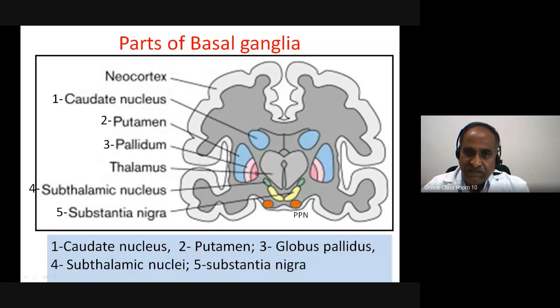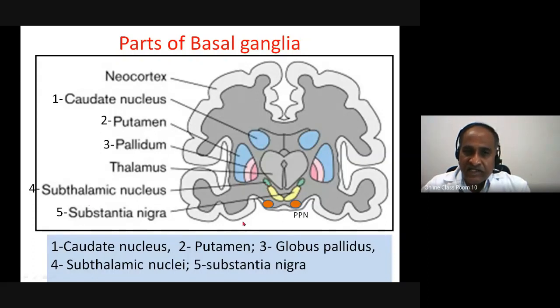Then we have these pinkies, the globus pallidus externa, globus pallidus interna. And these globus pallidus interna, externa, and the putamen put together, they are known as a lentiform nucleus. Then this is thalamus, the subthalamic nucleus here.